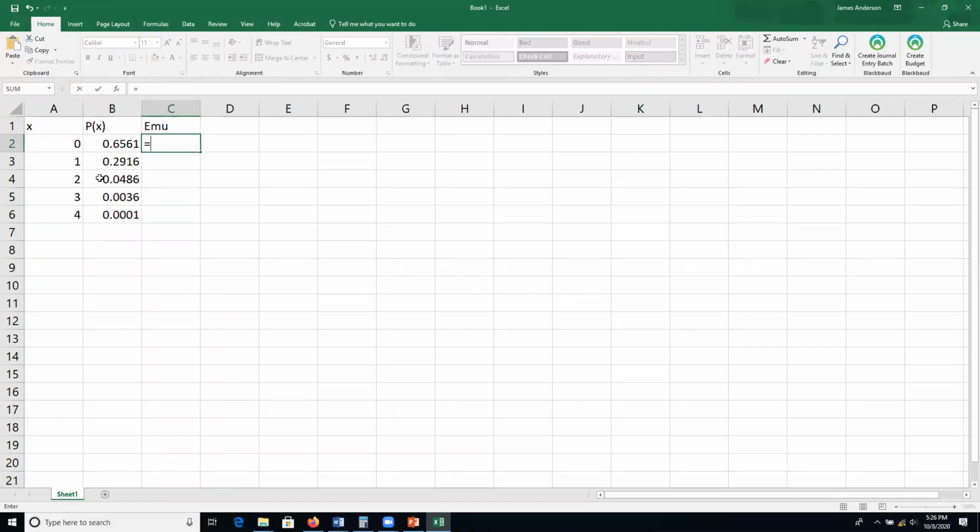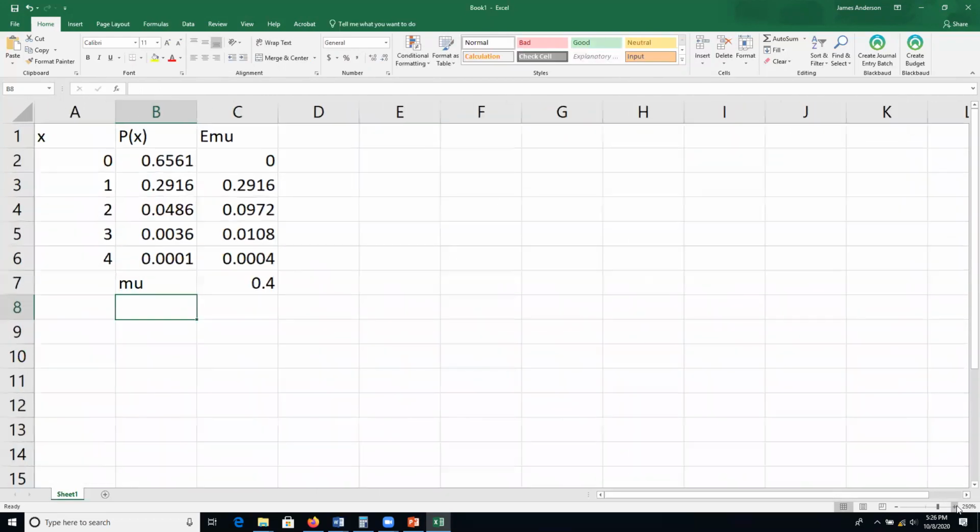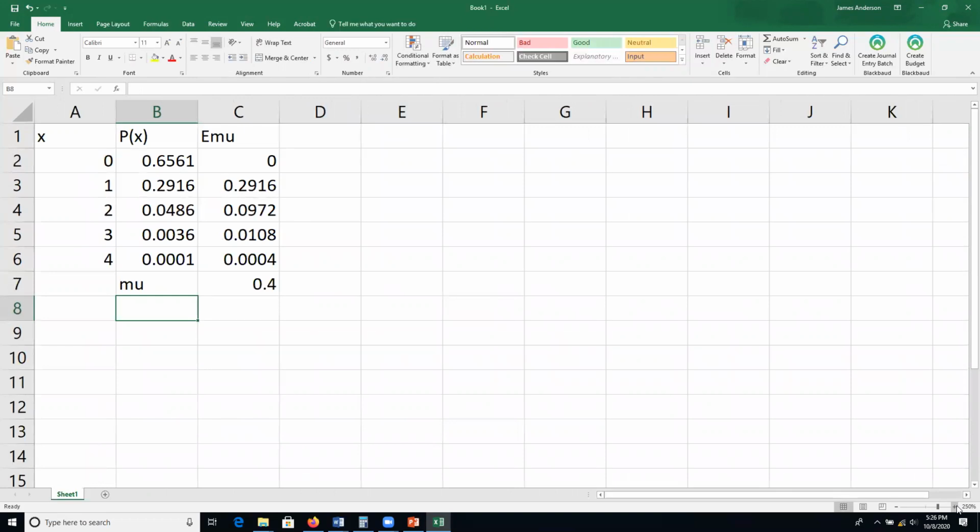So I take my X value, which should be my observations, times my probability, and then I copy them all the way down. And then add them all together and get my expected mean. So all I did is take that X value, times my probability of obtaining that value, then add all those together, and that's my mean.